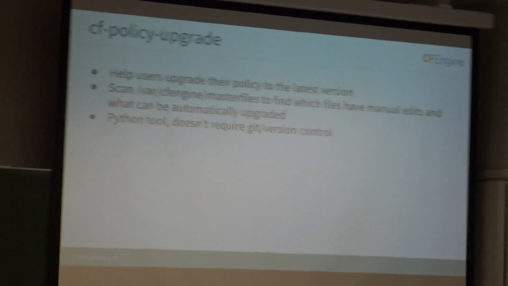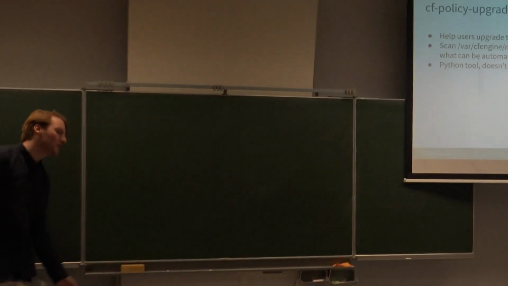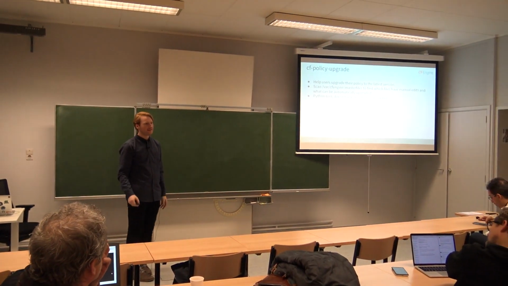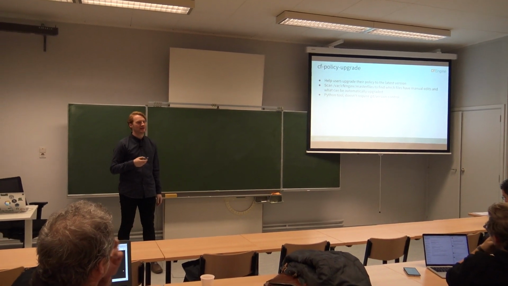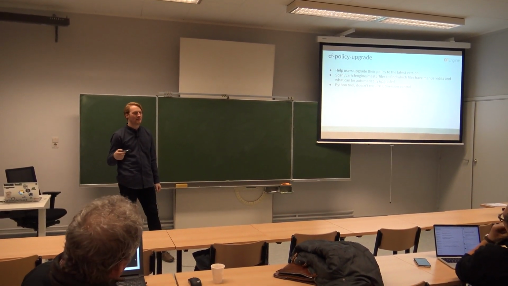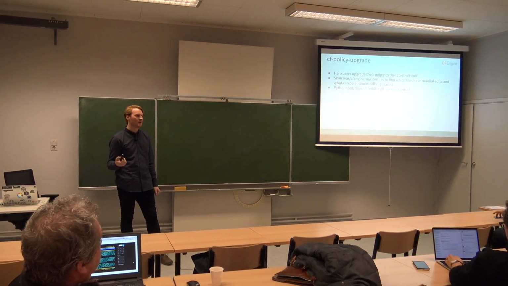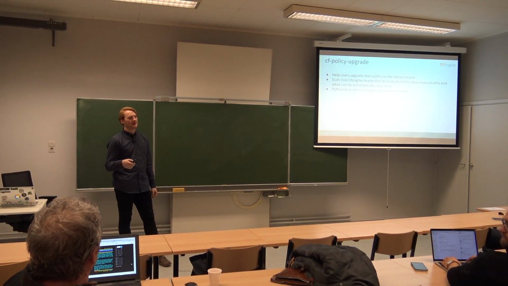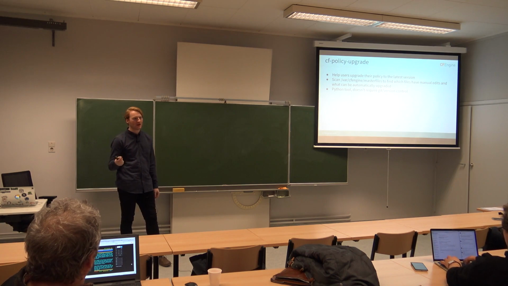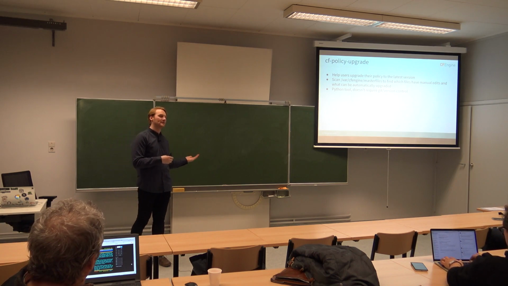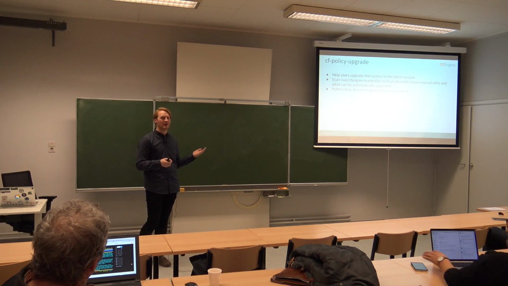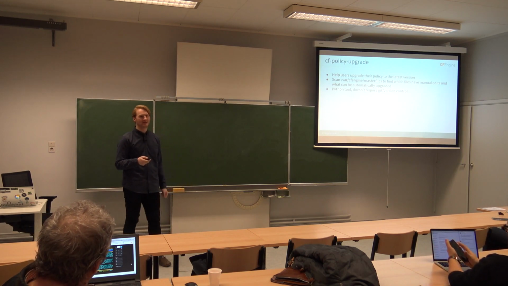So one big problem for our users and customers is upgrading their policy sets. Because they're running something based on masterfiles, our policy framework, but then inevitably you have to make changes to this, and then we want you to run our latest version of masterfiles, but this becomes increasingly hard if you've made a lot of changes to your masterfiles.